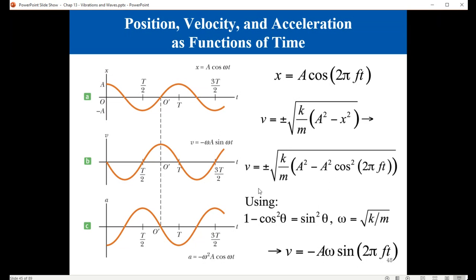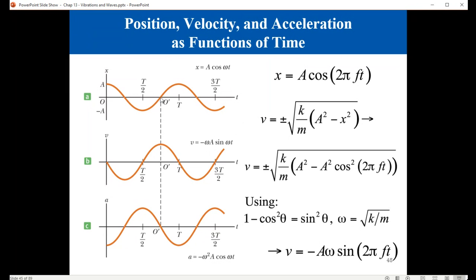Okay, so the position is represented by a cosine function, the velocity is represented by a sine function, and there is a phase difference. You have minus sine. A phase difference means when x is 0, the velocity is maximum, as explained earlier.